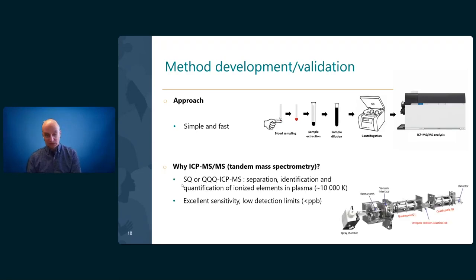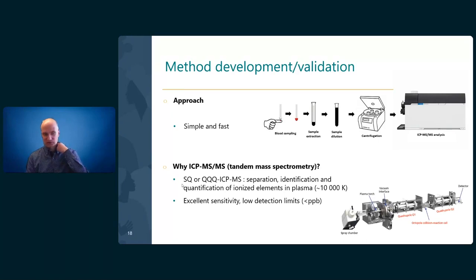So why do we use ICP-MS or tandem mass spectrometry? Well, first of all, for those who are not familiar with inorganic mass spectrometry, either single quad or triple quad ICP-MS allows to separate, identify and quantify the elements in the plasma. It's a hot plasma, and it allows to burn, to destroy the sample, let's say, to convert it into ions, which are then quantified.